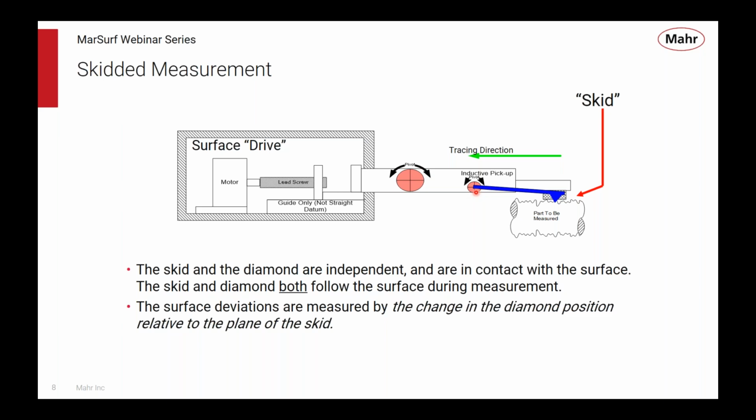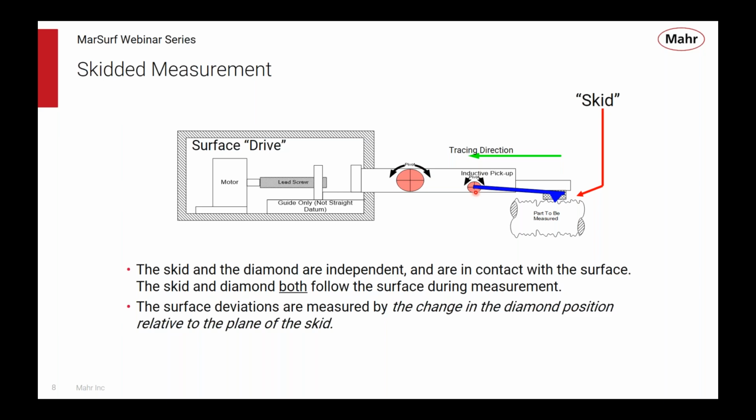And the skidded measurement means we can take those handheld devices, we can just set them down on some surface and push the button to measure and let go of it, and it will follow across the surface and take the measurement. That's part of why they're fairly inexpensive and part of why they're so easy to use and so typical and common in use all over the place.